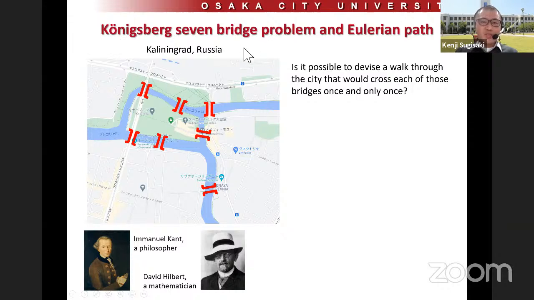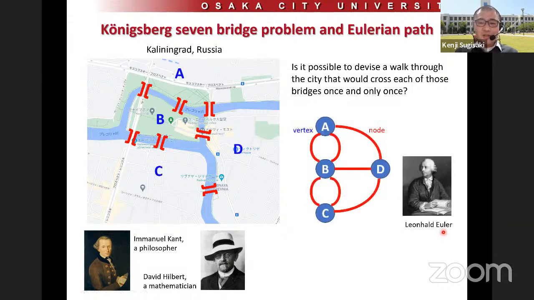Why this problem is very famous is that Leonhard Euler proved this problem is impossible. I mean, it is impossible to cross all the bridges once and only once by using this graph.